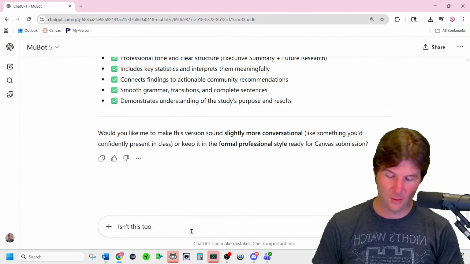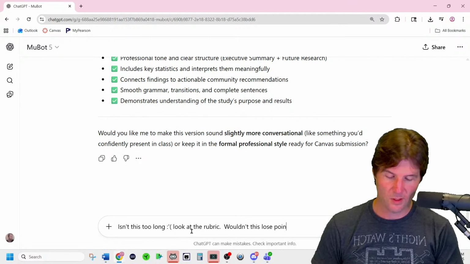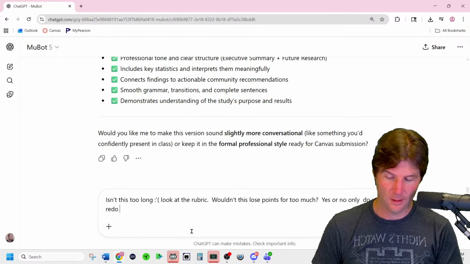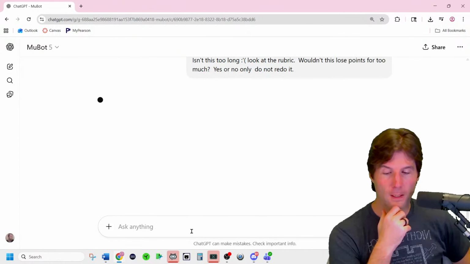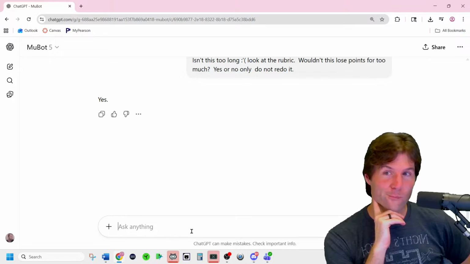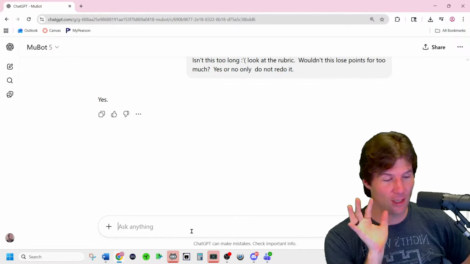Isn't this too long? Look at the rubric. Wouldn't this lose points for too much? Yes or no only. Do not redo it. Okay. Oh, right there. He wrote a lot. It was good.